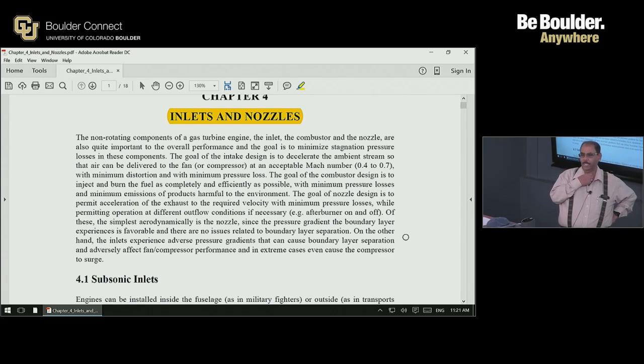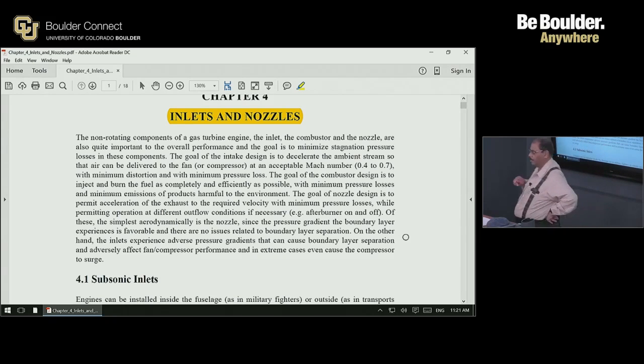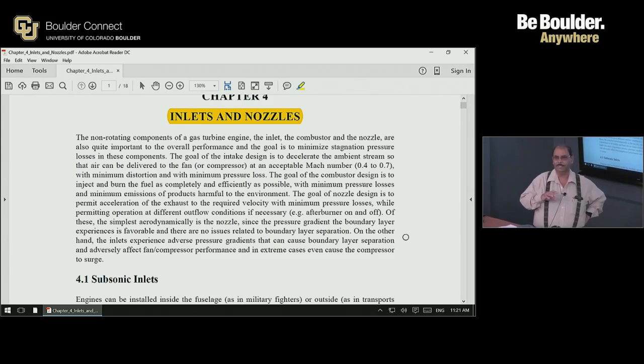So you have to have some way of changing the throat area for a nozzle. And for the exit area, of course, you have to have a convergent-divergent nozzle to accelerate the gases beyond Mach number equal to 1. Remember, the throat Mach number is equal to 1. So if you want a good performance nozzle, you have to have a divergent portion. So you are faced with a nozzle that is mechanically complex, meaning you have to have some way of changing the throat area and the exit area.